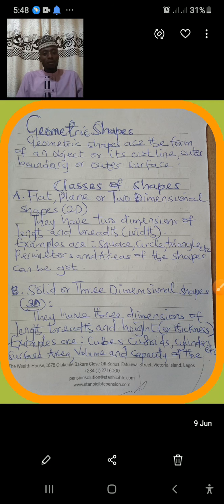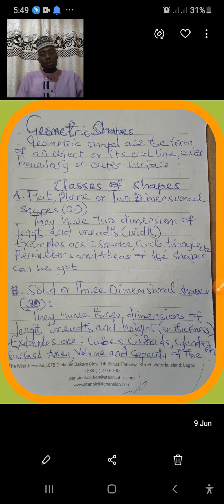Another name for breadth is width. So examples of these are paper, like square. For example, look at this paper. This is a plate. It's a flat shape. It's a two-dimensional shape because it has only length and breadth. So we have a lot of them around us.